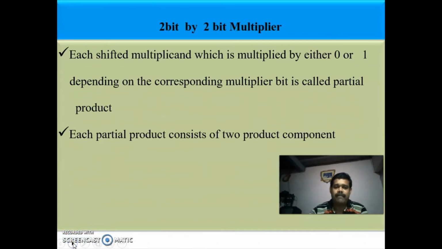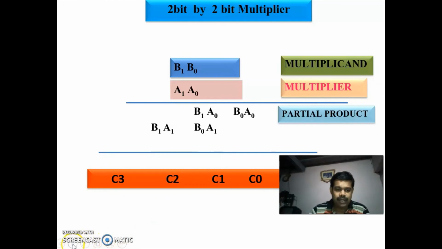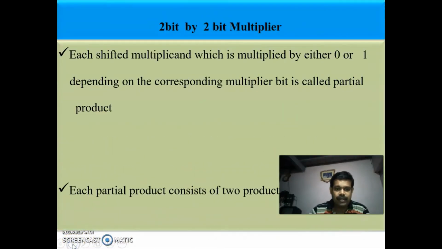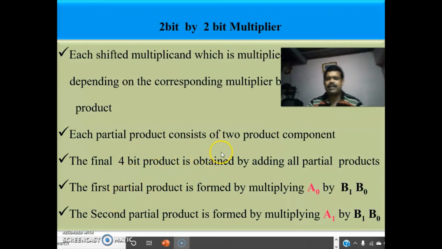This is the final 4-bit product. Now you will see the next point. The final 4-bit product is obtained by adding all the partial products.